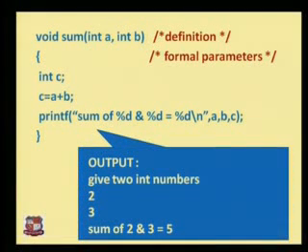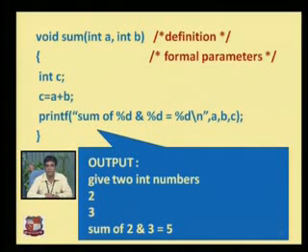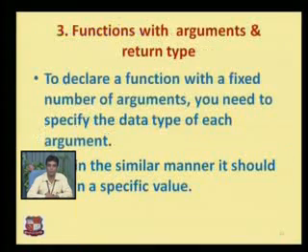By entering 2 and 3, the output we get is the sum of 2 and 3, that is 2 plus 3 equals 5. This type of program defines a function where we are not returning any values; we are printing the output from sum only. We print the values in the definition. When we are returning a value, we have to print that value from the main program, not from the definition.